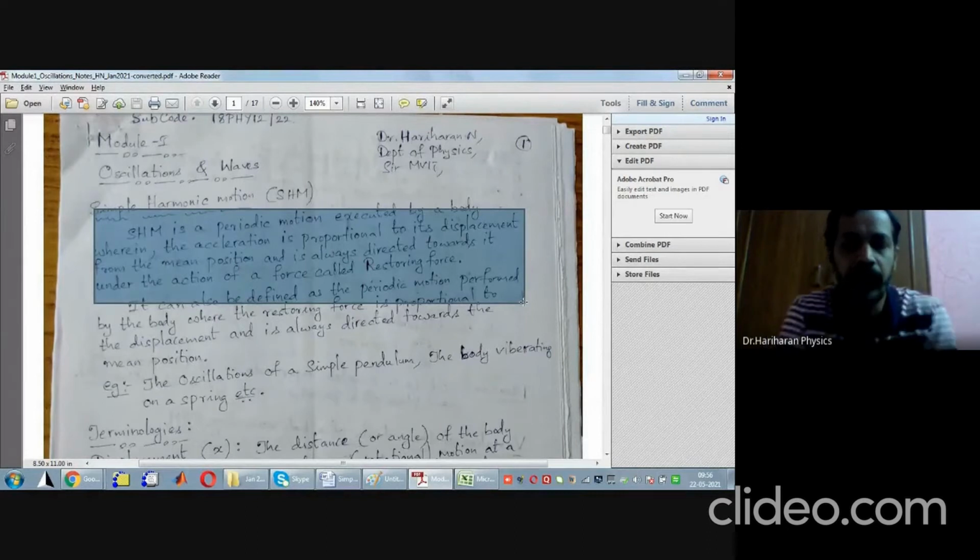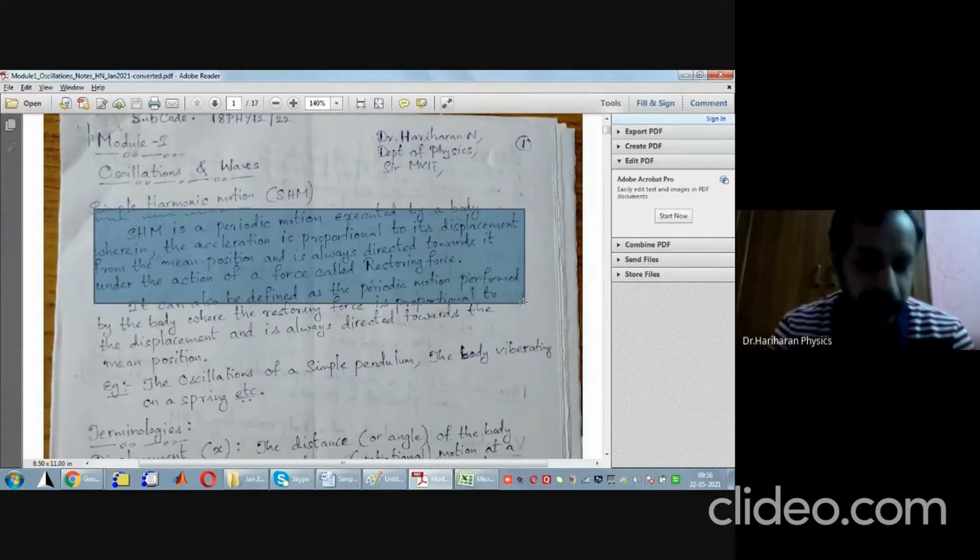So this we call it as what? Simple harmonic motion. Once again, I'll repeat. What do you mean by simple harmonic motion? Simple harmonic motion is a periodic motion executed by a body where the acceleration is proportional to its displacement.